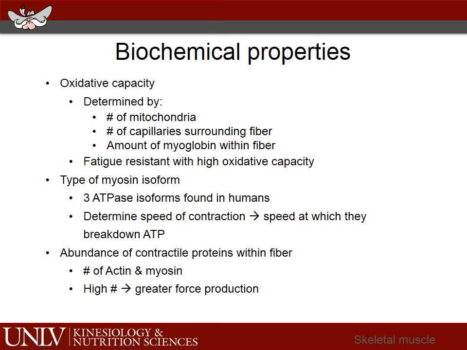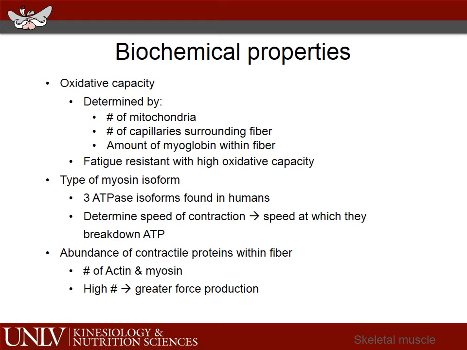The number of capillaries are important because this is a level of adequacy of delivering oxygen during contractile activity. If something has a higher number of capillaries, it has obviously a higher volume of blood that travels, that may have a capacity to deliver more oxygen to the working skeletal muscle.